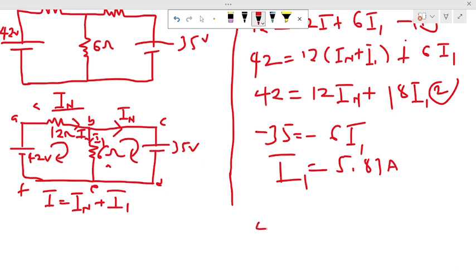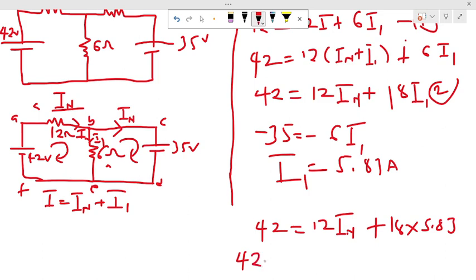So you get 42 is equal to 12 multiplying the Norton's current plus 18 times 5.83, right?